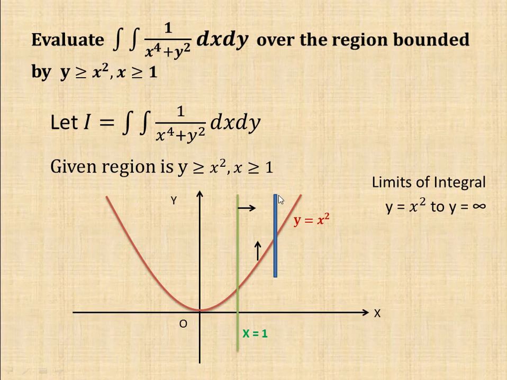And top of the rod is towards infinity, so upper limit of y is infinity. While rotating, the rod comes up to x equal to 1, that is the left corner of this region, so lower limit of x is 1 and upper limit is infinity. These are the limits of the integral now.